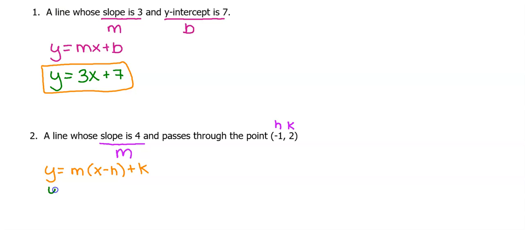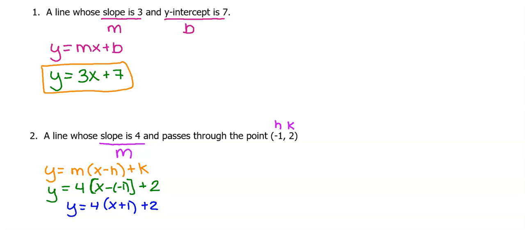Right away I can see that we have 4 as my slope, so I'm going to replace it. And then x minus the h, which happens to be a negative number, so I'm going to put brackets here to distinguish between the negative, plus the k value, which is 2. Now I'm going to simplify, and I get y equals 4 times x plus 1 plus 2.